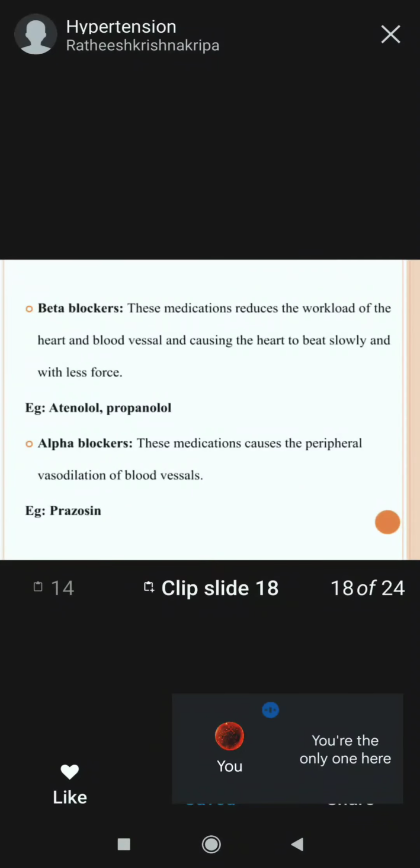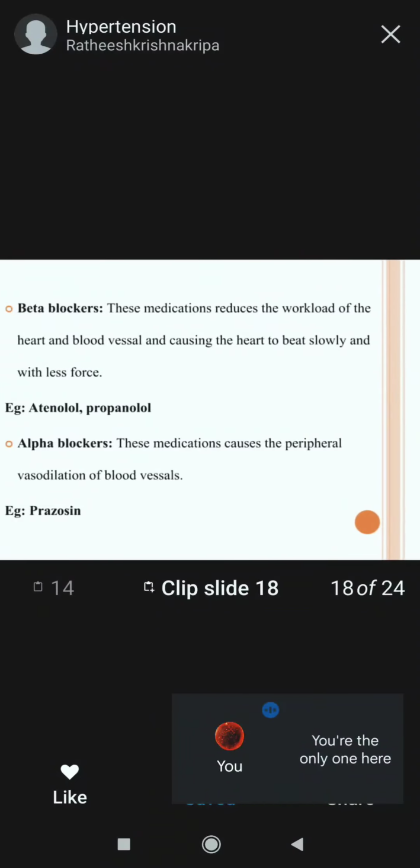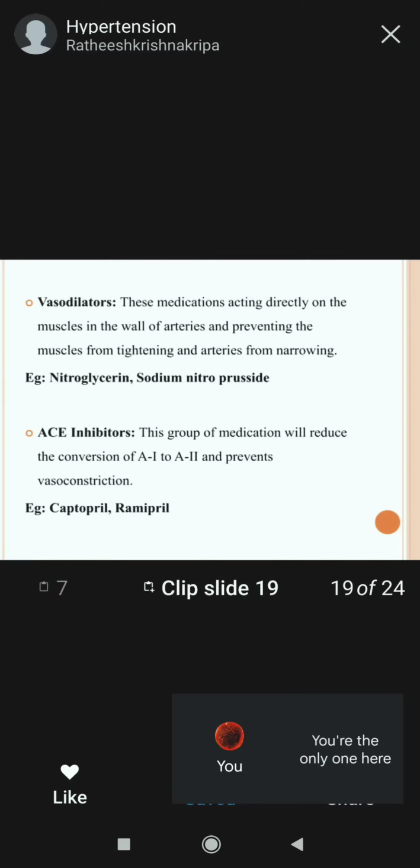Two drugs include atenolol and propranolol, which are beta blocker drugs. Vasodilators dilate, not contract. They are medicines acting directly on the muscles of the arteries and prevent the muscle from tightening the arteries, called nitroglycerin and sodium nitroprusside.